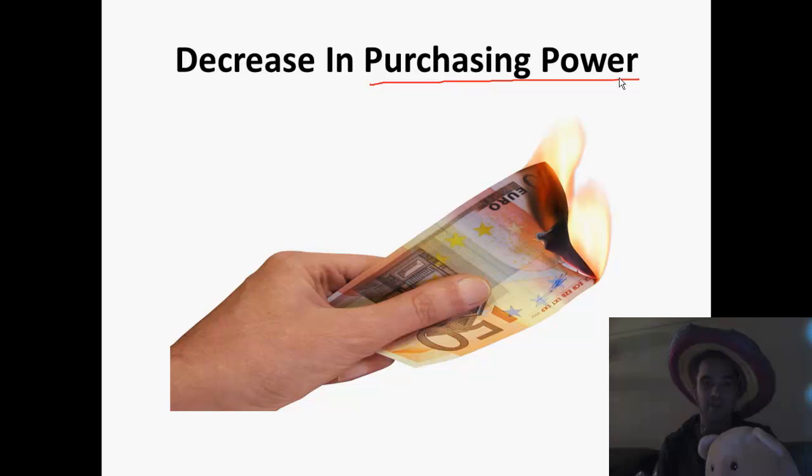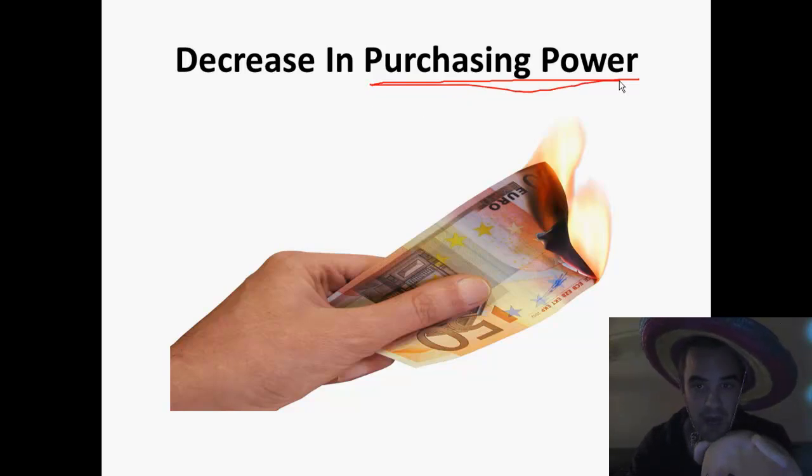That means that we don't have the purchasing power that we had before. So prices are going up, but our income is not matching it. So we cannot purchase the same amount of goods and services as we could before. Key words there, purchasing power. And our money's on fire.